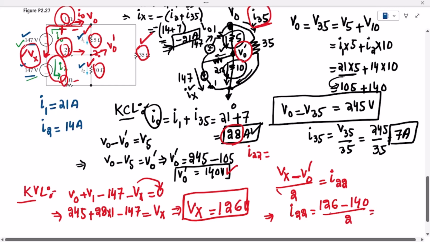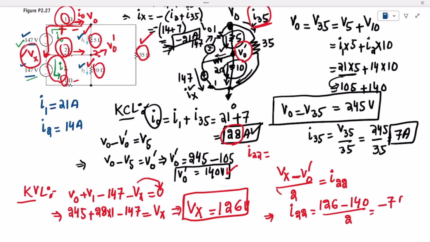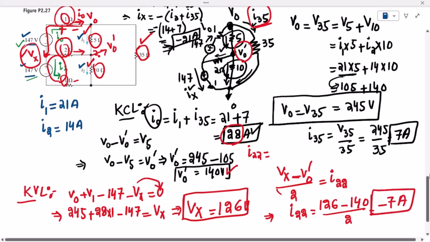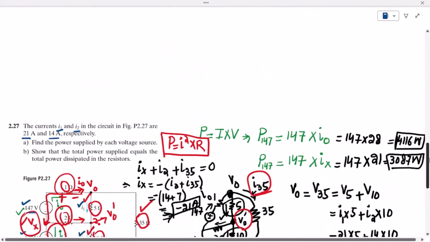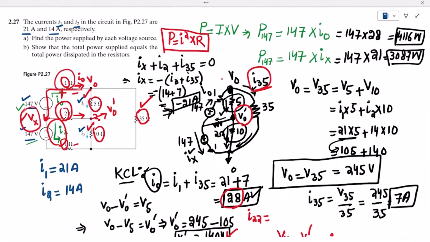So it will be minus 14 divided by 2, that is minus 7 amperes. So all the currents are now known. Now we have to put them all here, find the voltage drops across each resistor, and then adding them, the sum will be equal to the sum of these two quantities. That is basically the solution of part B of my question.